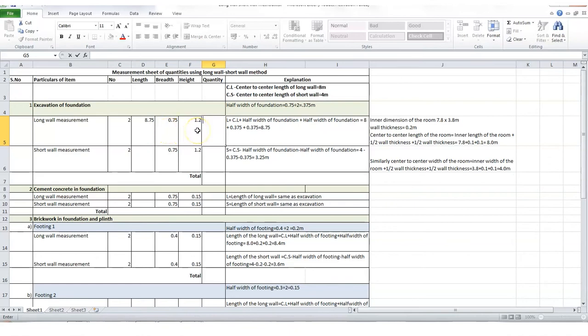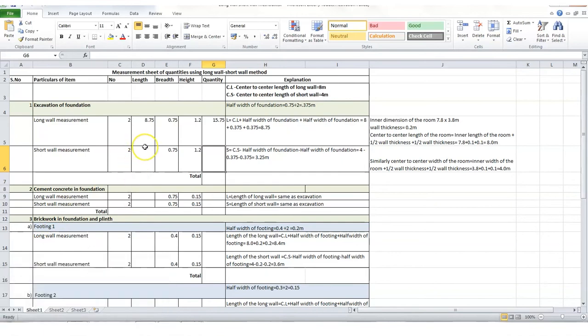And then we have the depth as 1.2 meters, the depth of the foundation from the ground level. Now the quantity is equal to the number, multiplied by the length, multiplied by the breadth, multiplied by the height. So we get the answer as 15.75. That is the long wall measurement.